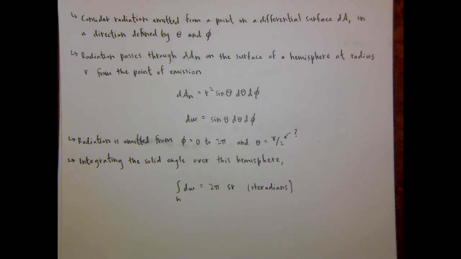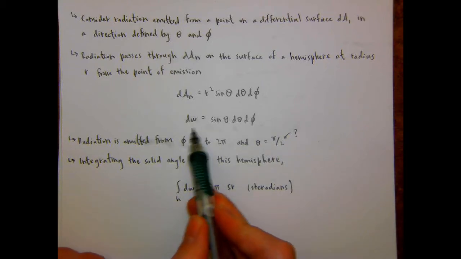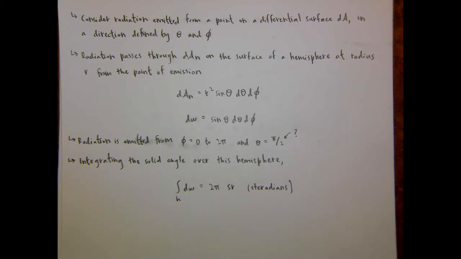No? Okay, cool. Shouldn't have to worry about it too much. I just wanted to show you where the concept of the solid angle came from, because we're going to talk about this d omega a little bit.